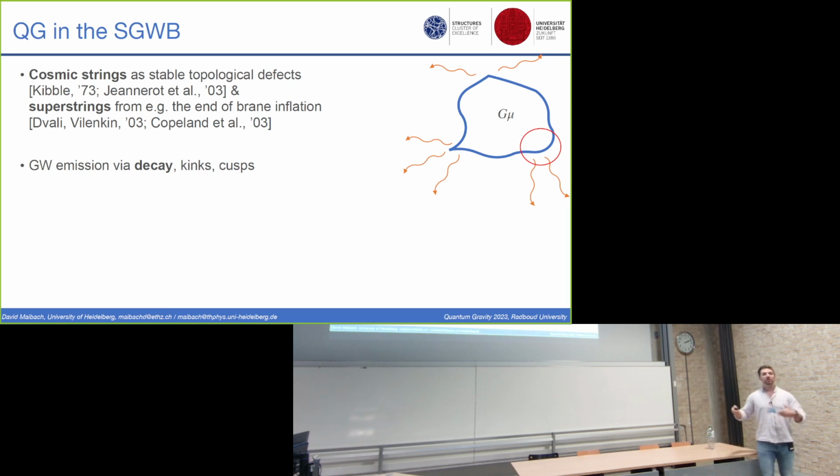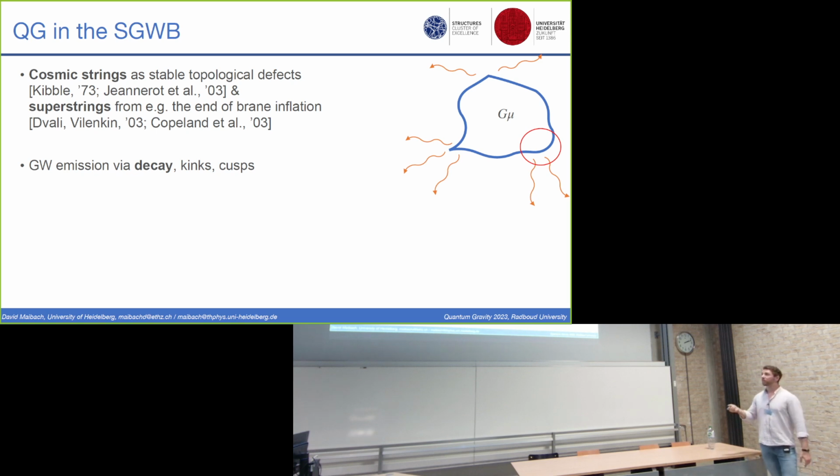Because if you detect them, then you have evidence of either a phase transition in the early universe or of superstring theory. But if you don't detect them, you will also be able to say something about the early universe, because you can say, okay, there is no phase transition at this very energy where my cosmic strings are bound to.